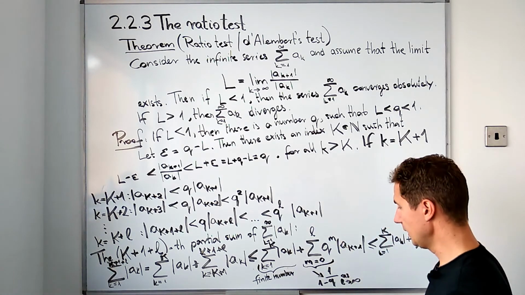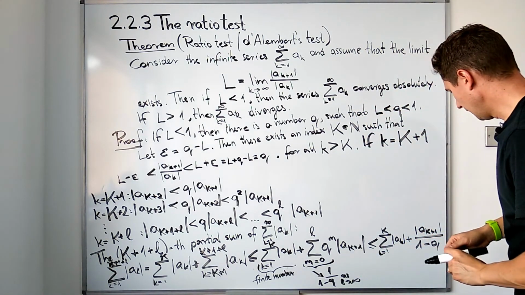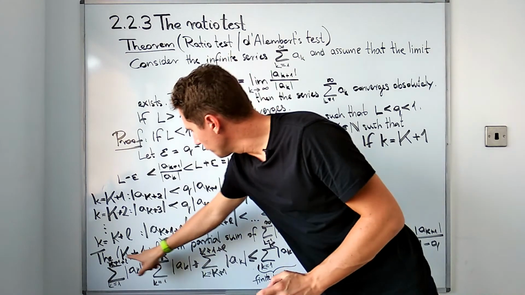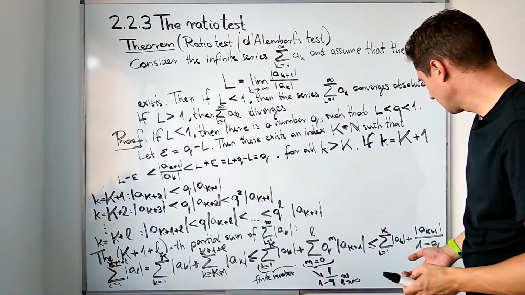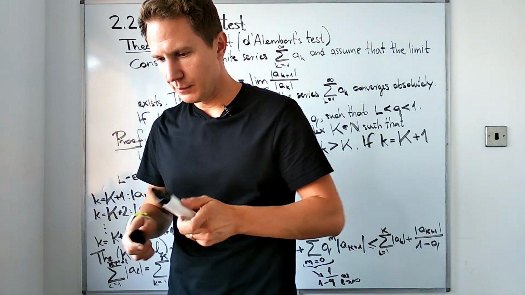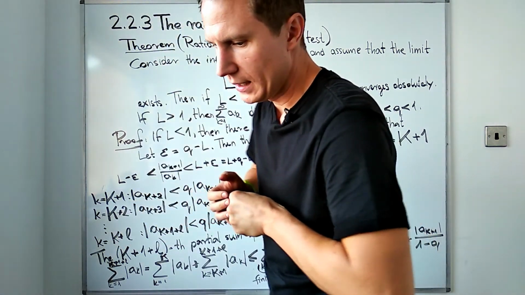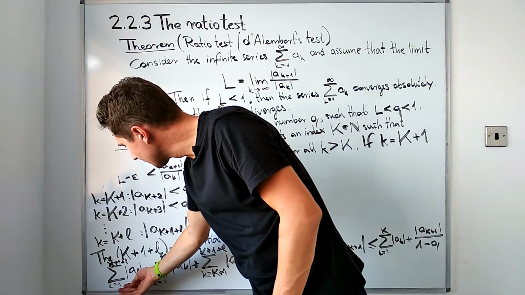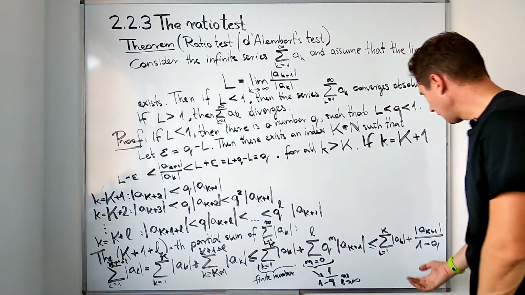So what we have seen is that our partial sums form a sequence that is nicely bounded above by this finite number, and they of course are an increasing sequence that is bounded above.